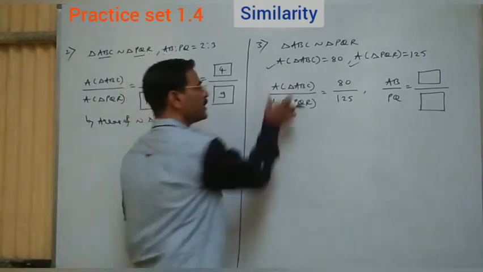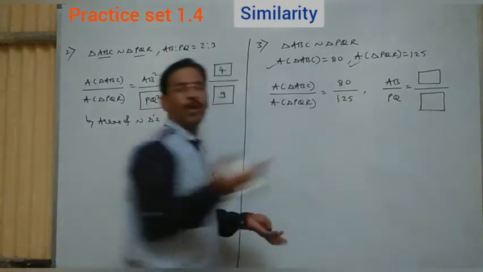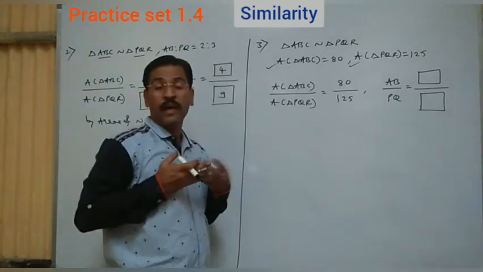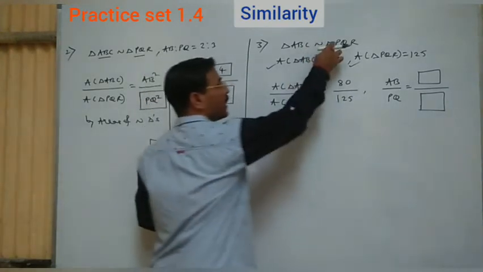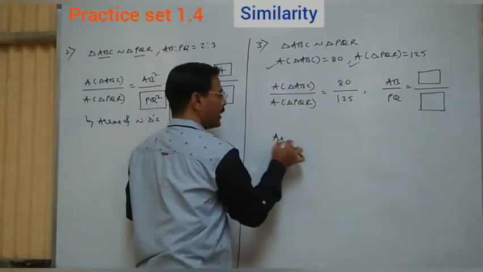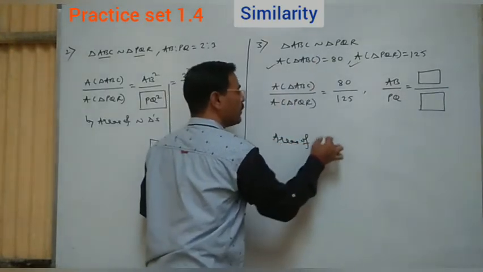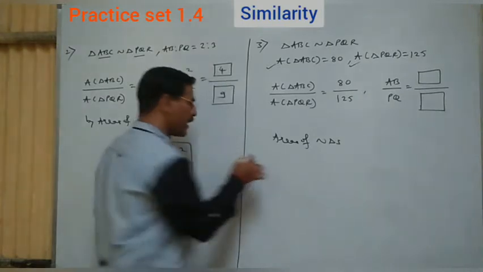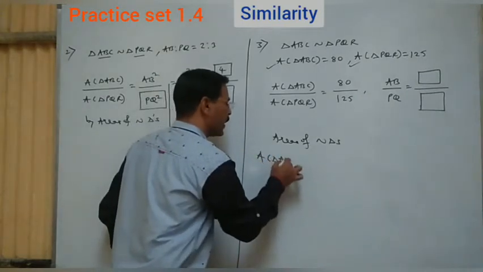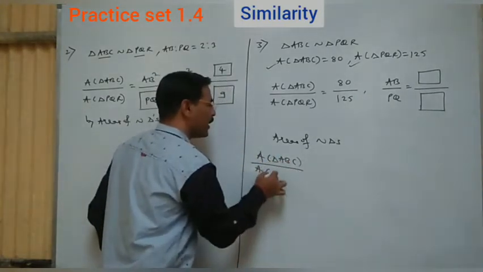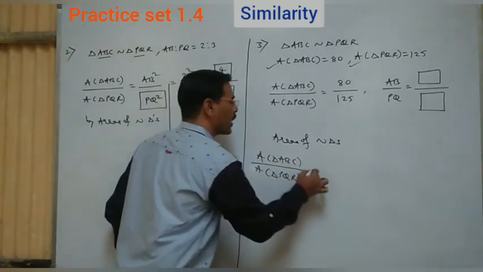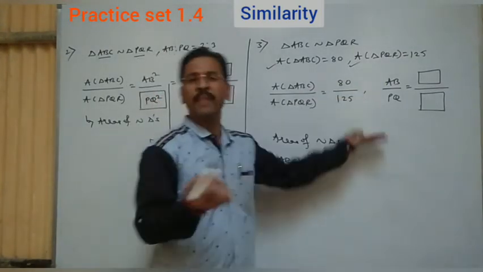Okay. See first, the ratio is given to us as 80 upon 125. But as you know, these two triangles are similar. That means by areas of similar triangles, what can you write? The area of triangle ABC upon area of triangle PQR is equal to, which sides do we need here? AB and PQ.